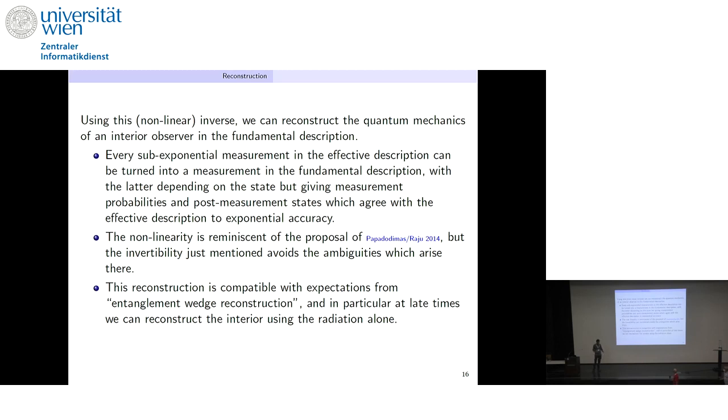So when you do measurement theory, you introduce an apparatus and you have a unitary that writes the result of the measurement onto the apparatus, and then the idea is to take the unitary which does that in the effective description and reconstruct it as a unitary in the fundamental description. So that gives you a set of calculations you can do in the fundamental description that tell you the measurement outcome probabilities and which states you project onto. But the U which implements it depends on the state you start in. So that's nonlinear.